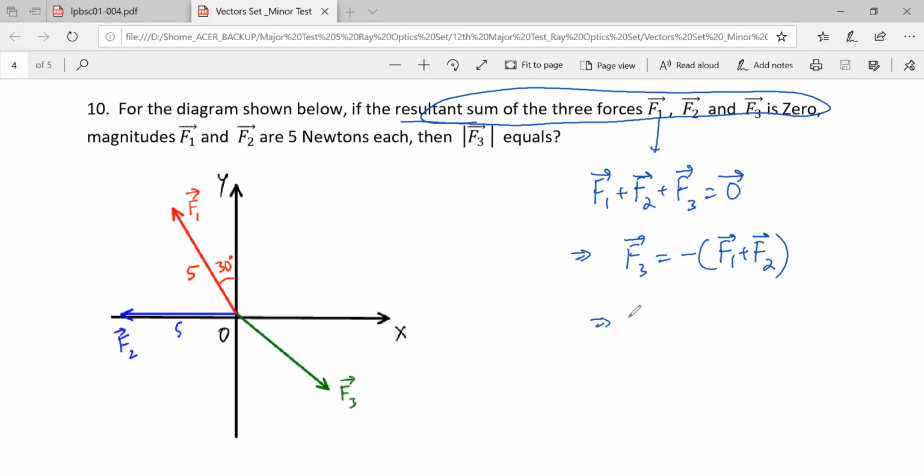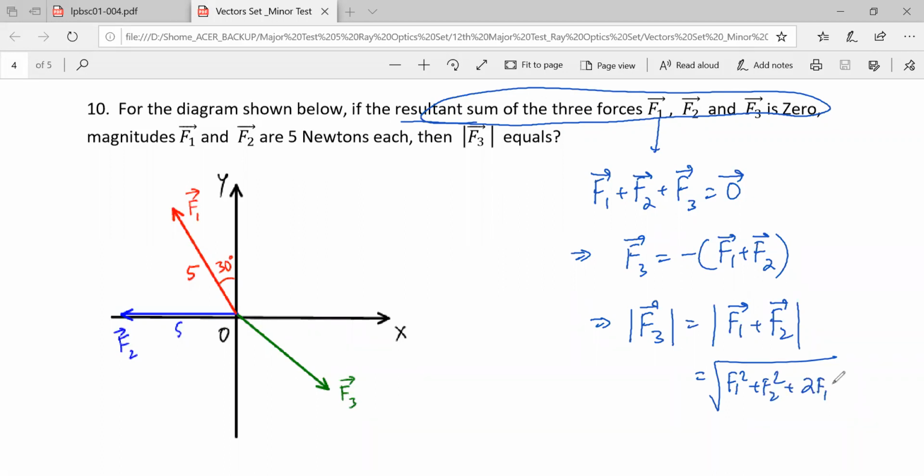So that means magnitude of F3 is equal to magnitude of F1 plus F2, because when you take mod on both sides, that minus sign goes away. Okay. So this is root of F1 square plus F2 square plus 2 F1 F2 cos theta. Now in the diagram, you can see that this angle is the theta that we are talking about.